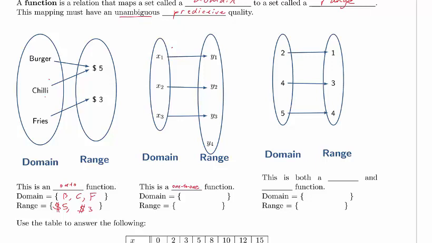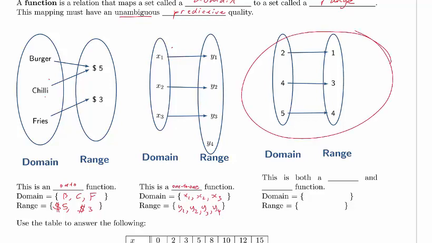And so the domain of this is simply x1, x2, x3, and then the range is y1, y2, y3, and y4. So this is what's called a one-to-one function, but note that it is not onto. Right? It's not onto because this guy is not being used.